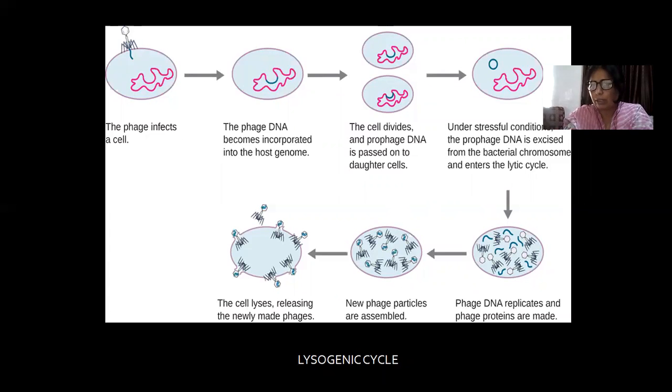As soon as a trigger comes or an induction is received, or under stressful conditions, the viral DNA is excised from the bacterial chromosome and enters the lytic cycle. Phage DNA replicates and bacterial DNA disintegrates. Phage proteins are made, new phage particles are assembled, and the cell is lysed, releasing the different phages.